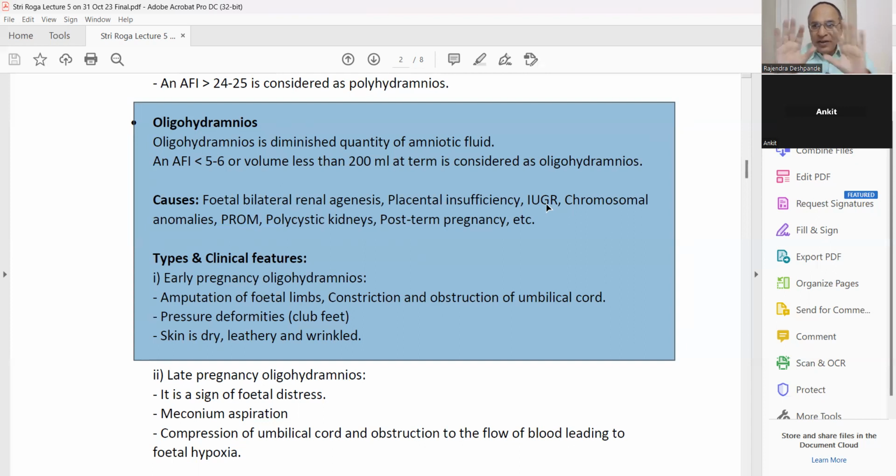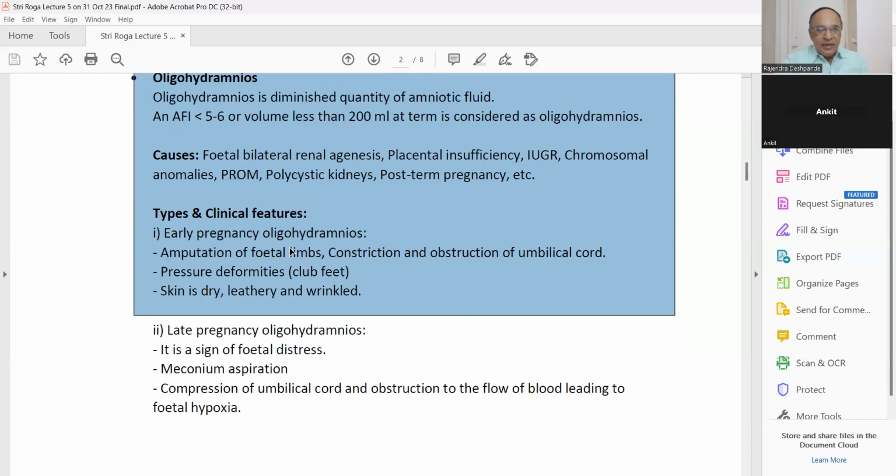Baby's development in the fetus is not good, problematic. Then there may be chromosomal anomalies. You know the genes, chromosomes and genes, you know that. Anomalies means abnormalities. I am not going to tell you everything, but a few important things. Polycystic kidney. Again, not mother, baby. Or, now this is about mother, post-term pregnancy. If the pregnancy moves till the 10th month, oh my God, not good. That creates the less amniotic fluid.